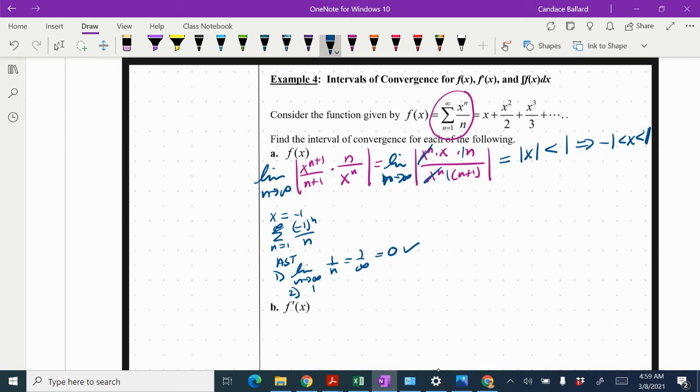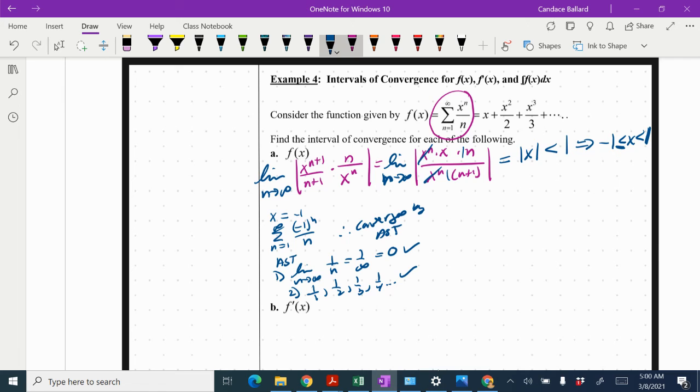Condition 2 is the terms have to decrease. I'm going to substitute in 1 over 1, 1 over 2, 1 over 3, 1 over 4. They're definitely decreasing. So therefore, this one converges by alternating series test, which means that this is an equal to on my interval.